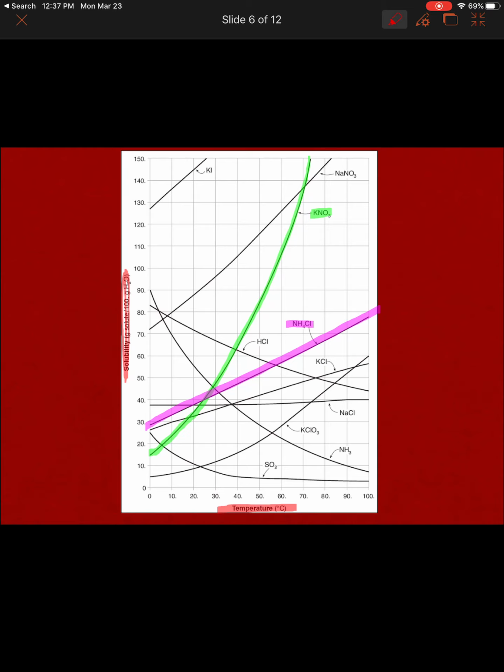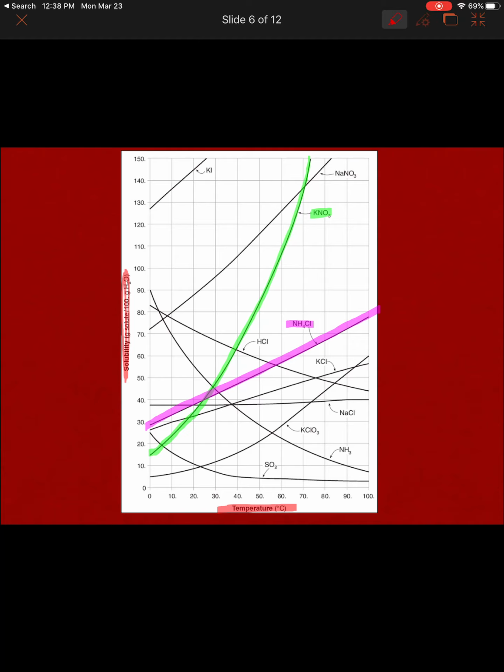So x is temperature, y is solubility. We're plotting x versus y. Keep that in mind as we move forward.